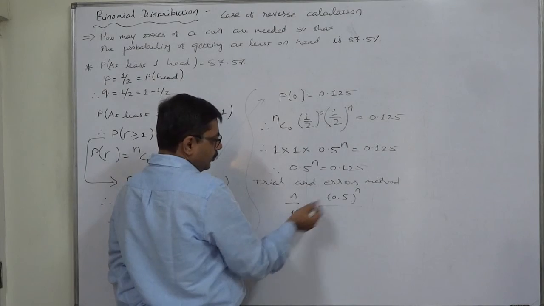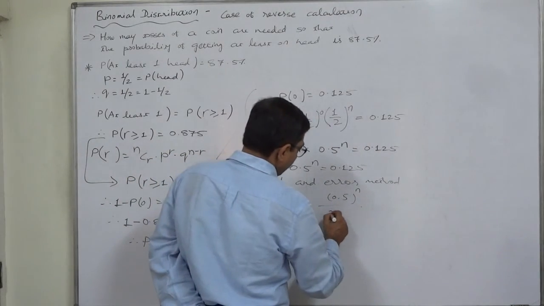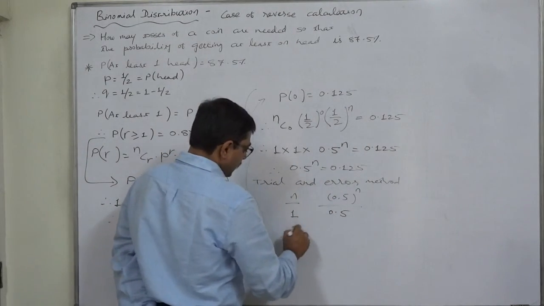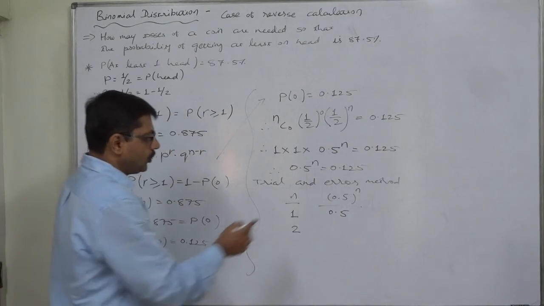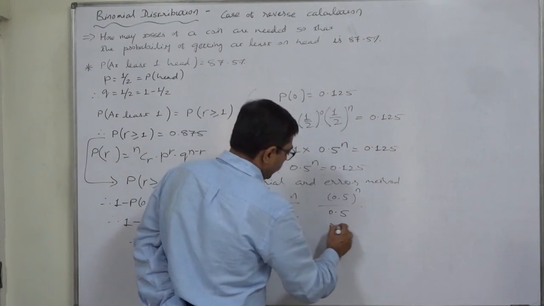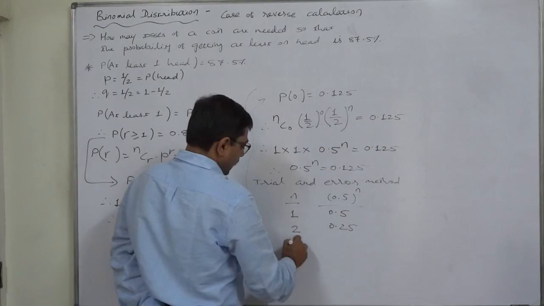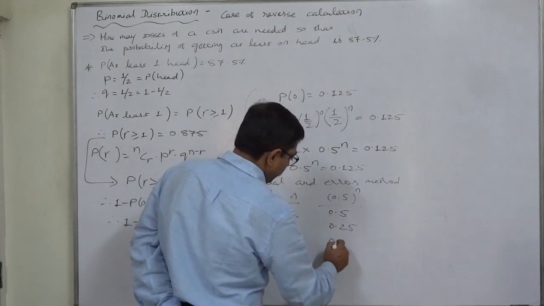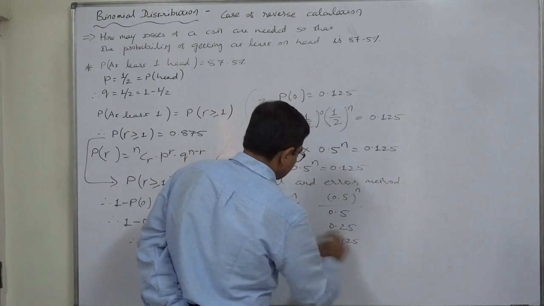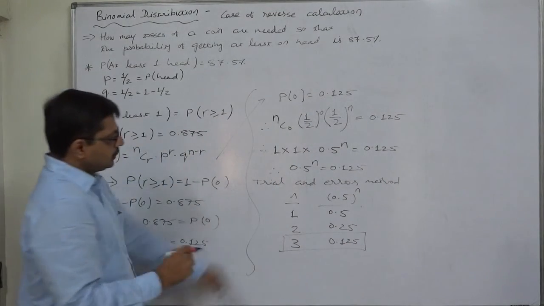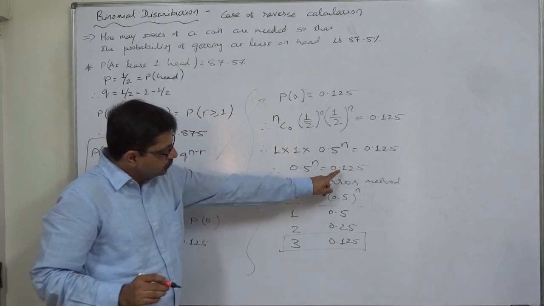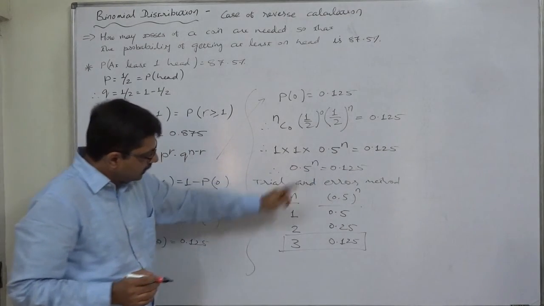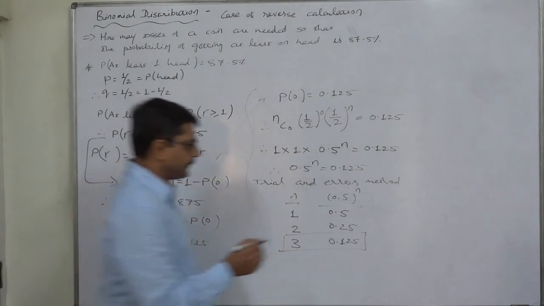If n takes value 1, 0.5 raised to 1 will be 0.5. If n takes value 2, 0.5 raised to 2 will be 0.25. If n takes value 3, 0.5 raised to 3 will be 0.125. Yes. So 0.5 raised to n equals 0.125 is possible only if n is 3.